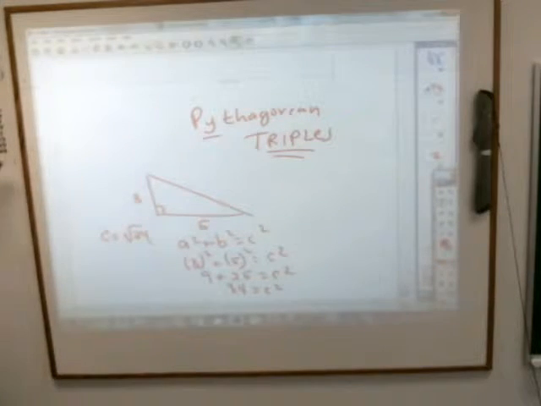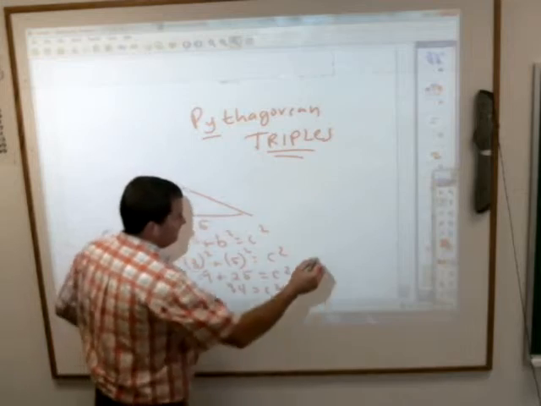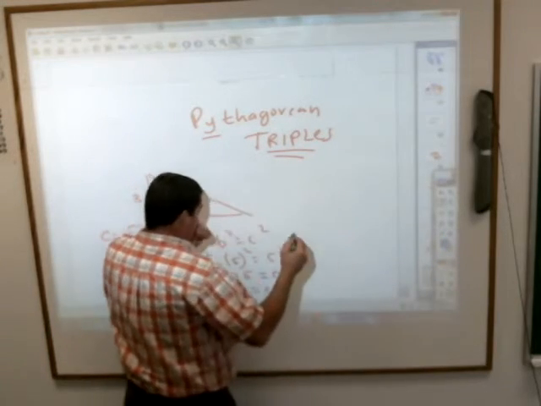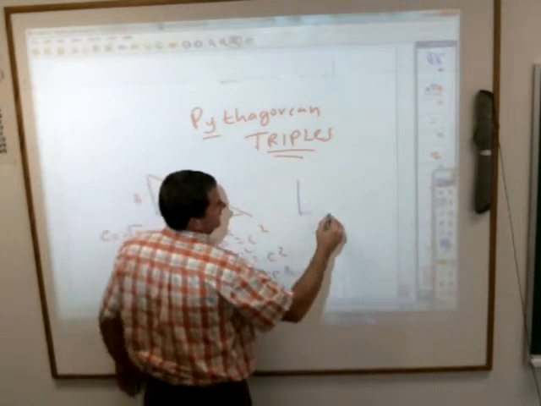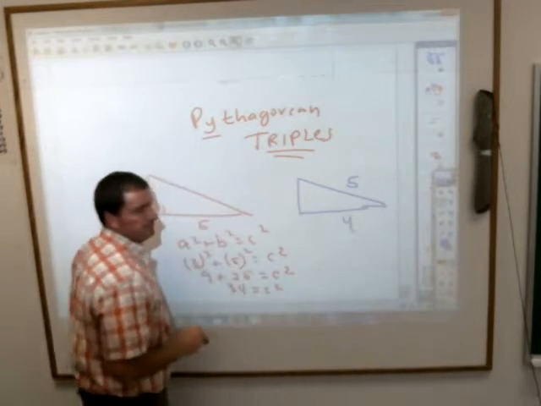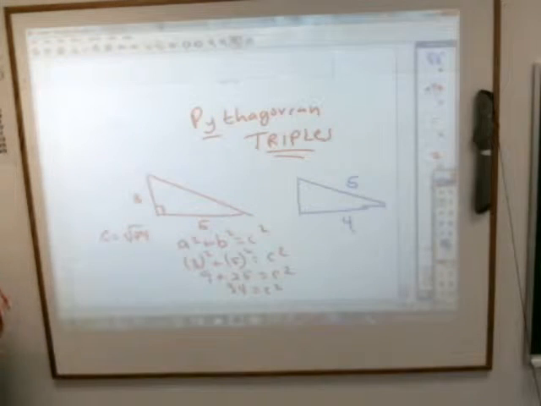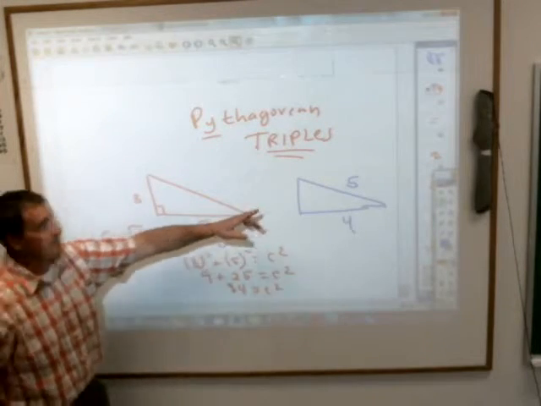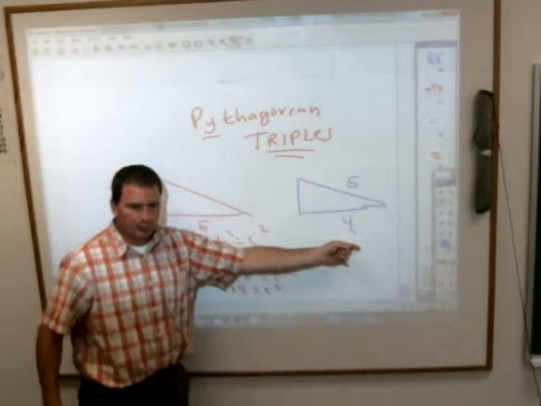But if your triangle has these things, it does work out nicely. This is what you're looking for and hoping for. In other words, if you see that a triangle has a 5 here and a 4 here, you don't even have to do any of the math, because the first thing you're going to do is look at your little chart with the Pythagorean triples and say, is there a triple that has 5 for the hypotenuse and 4 for one of the legs?